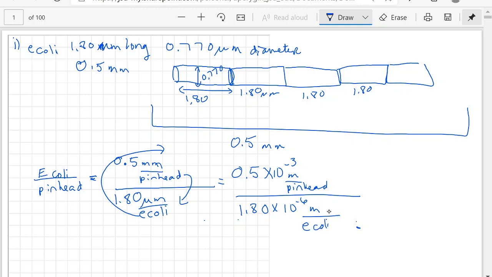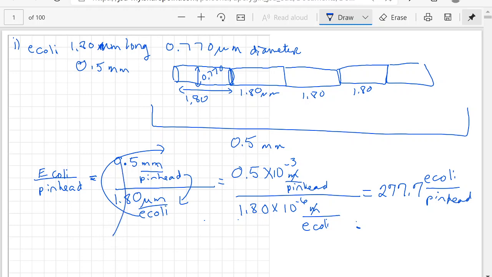So each E. coli is 1.80 times 10 to the negative 6 meters. The meters cancel. The E. coli is going to come back to the top, and the pinhead is going to go to the bottom. And so that is going to be 277.7 E. coli per pinhead. Okay, so that's part 1.